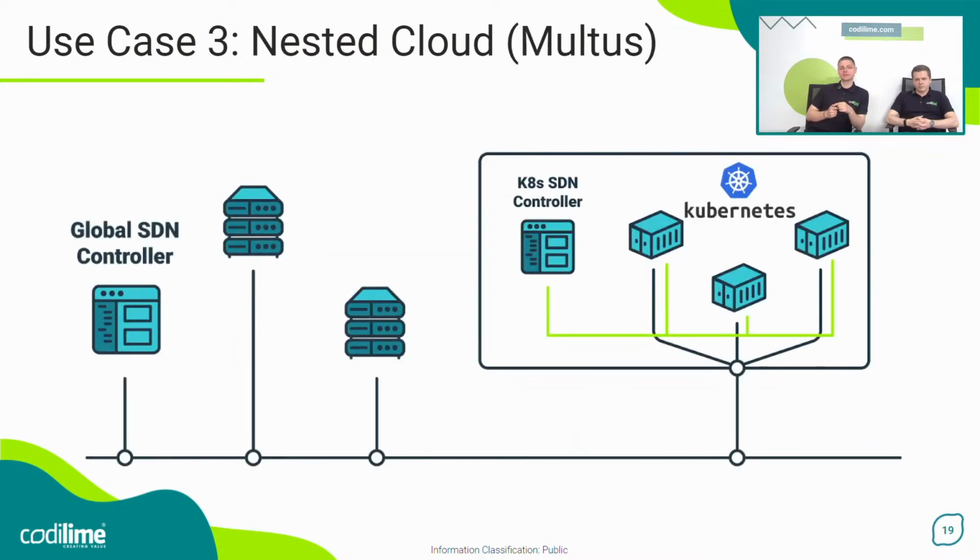And the third use case is about the multi-nested cloud, as called here, because we have our infrastructure, as you can see, with bare metal servers somewhere in the infrastructure, and also we have a Kubernetes cluster. And let's say that in Kubernetes we have a service that is built with microservices which communicate with each other, and on a bare metal server we have, for example, the SQL, and on another bare metal server we have user data, so something which we shouldn't share with the rest of the network.